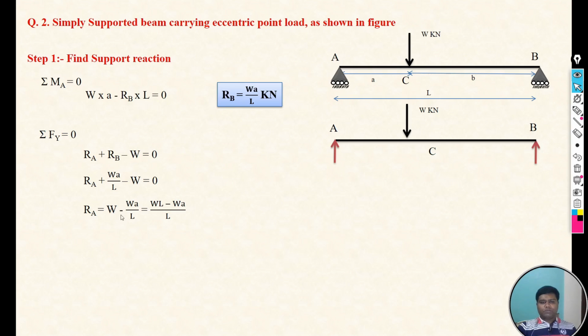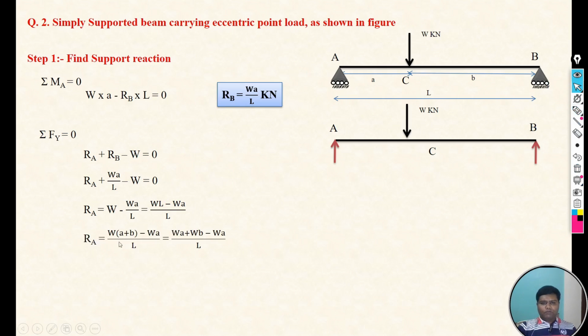So just take the cross multiplication, so W into L minus Wa divided by L. Now put L equal to A plus B to calculate the exact value of Ra.